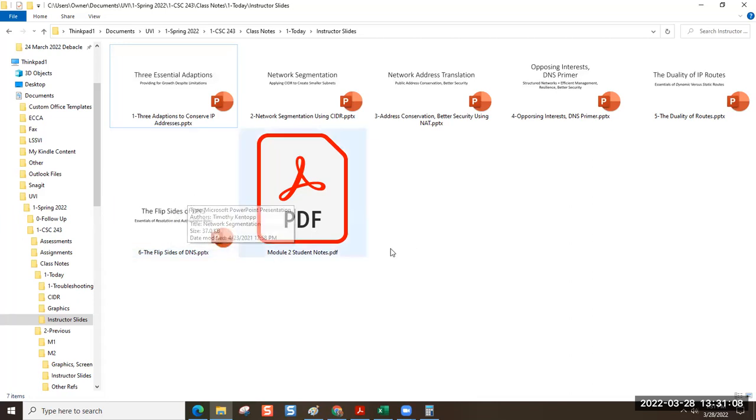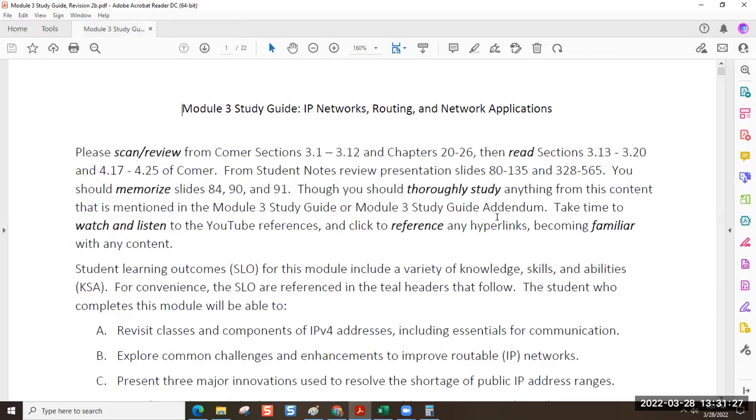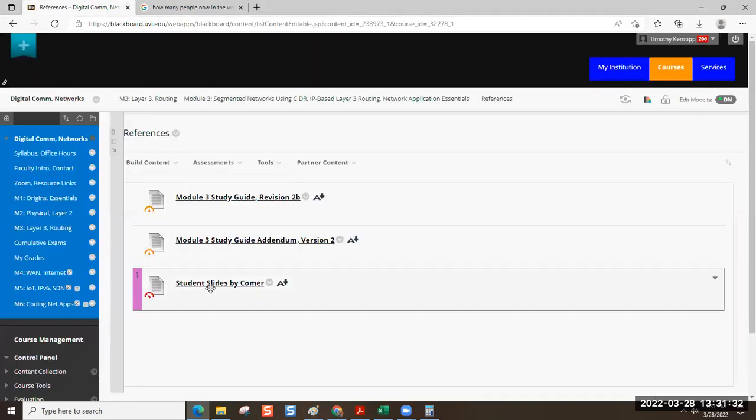And then we've got some additional information. If it's not out there already, I'm going to be posting these resources. And of course, we already have the student slides by Comer.